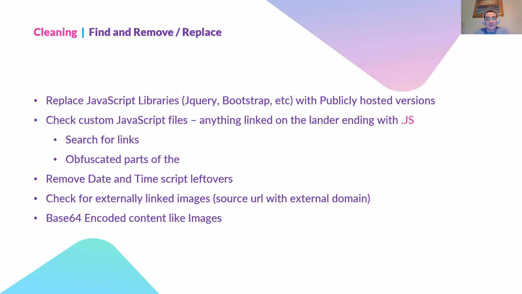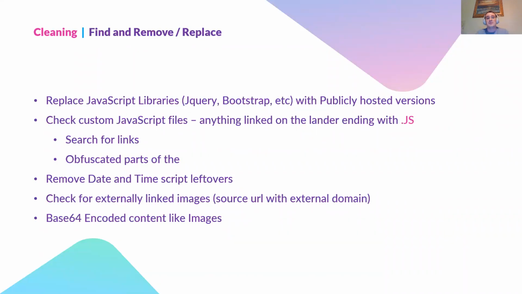Also, something I was discussing with someone today is the base64 encoded content, like images, where some people tend to hide content, or hide scripts that could potentially steal your traffic.